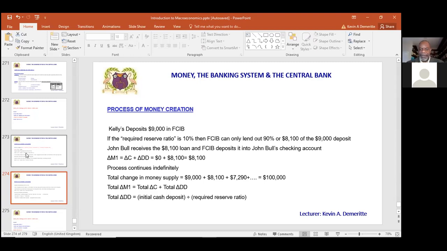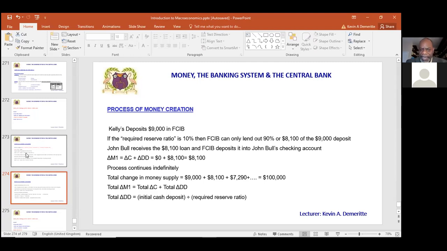Oh, I can't remember my math. I'm sure if you have a calculator, you can work on the numbers. It's 90% each time. When you add that all up, that comes to exactly $100,000.